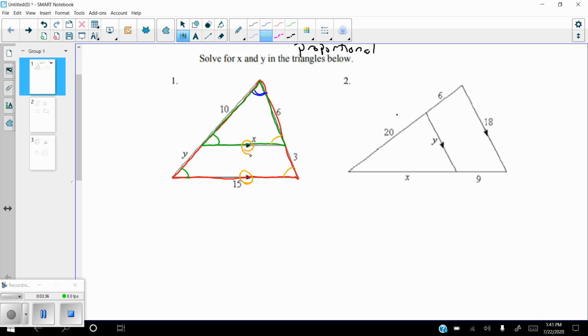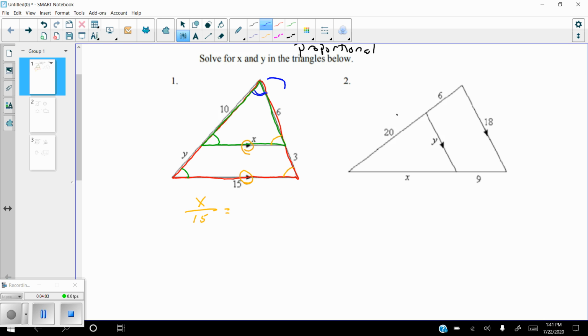In order for us to do this, it looks like the side x is going to be proportional to the side 15. So x is proportional to 15. I'm trying to redraw that 5 there. That doesn't look so good. Okay, now we have to find one other side that's proportional. Well, the easiest one to use is going to be out here.